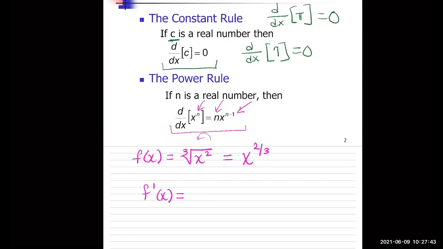So the power rule says we can drop the exponent down front, so that's 2/3 x, and then we decrease the exponent by 1. So what is 2/3 minus 1?